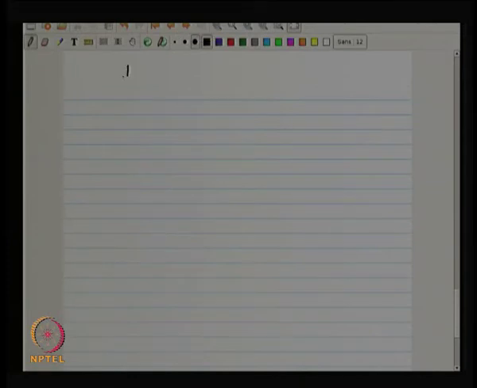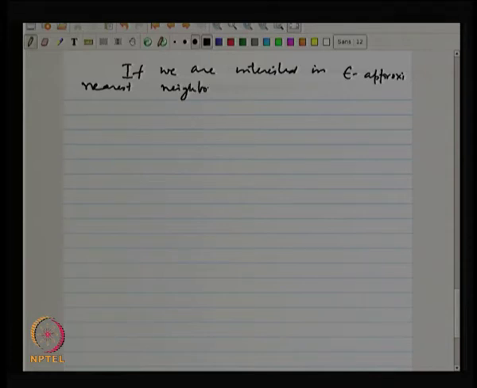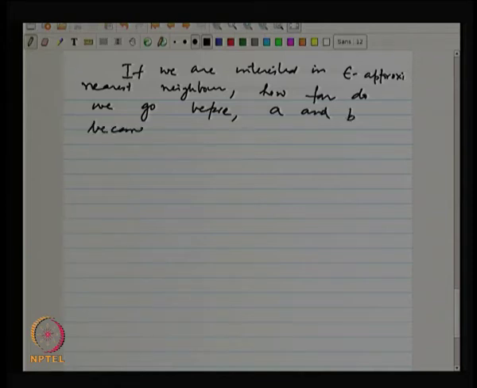So, if we are interested in how far do we go before A and B become indistinguishable.